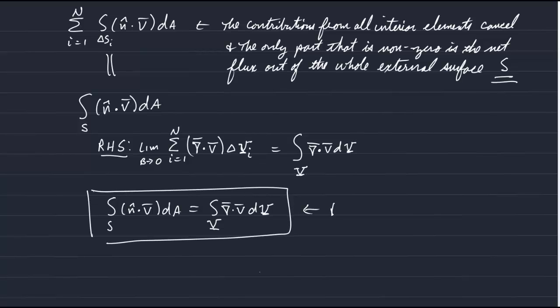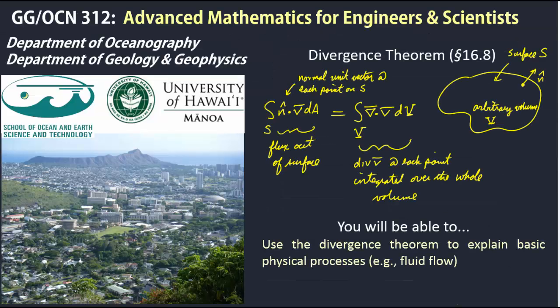And this is our divergence theorem. So I've stated what the divergence theorem is, and I've gone through heuristically where it comes from. Hopefully that provides you with some intuition to enable you to apply it to understanding physical processes, such as fluid flow.